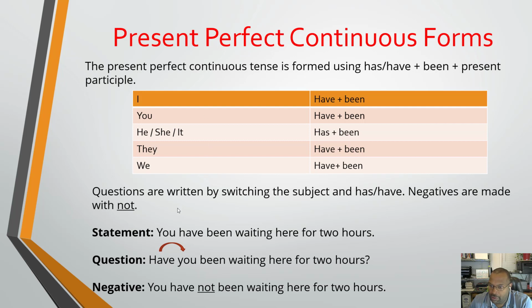So let's look at some examples so that we understand what this is saying. All right? So here's a regular statement or a regular sentence. You have been waiting here for 2 hours, right? You have been waiting here for 2 hours. Present, so that is using has or have plus been plus present participle.